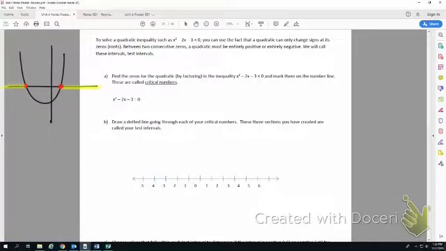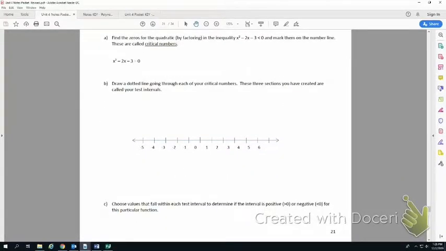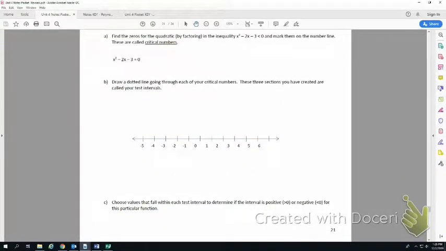It's either inside or outside the parabola. So to find the zeros of the quadratic, we factor the inequality x squared minus 2x minus 3, and it says mark them on the number line. We're going to call those critical numbers. It's the solutions, it's the roots. That's all it is.